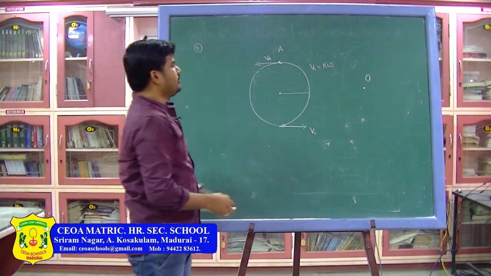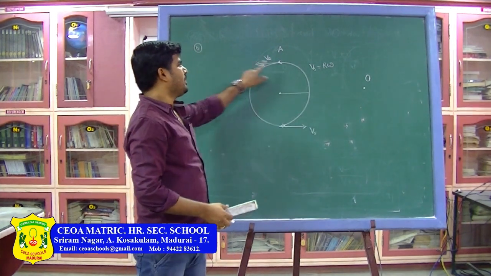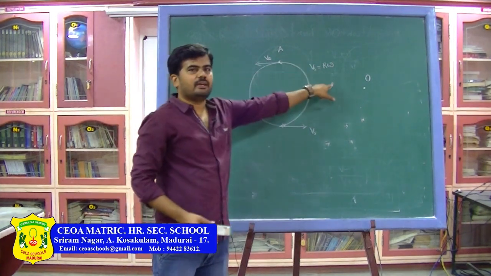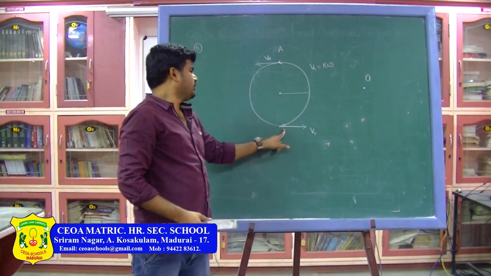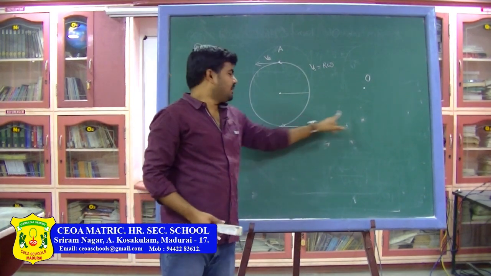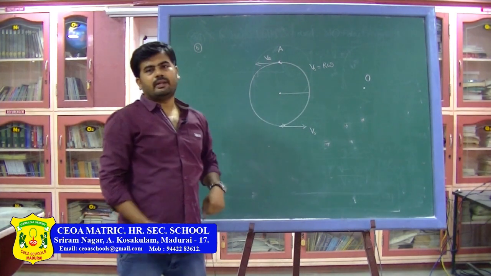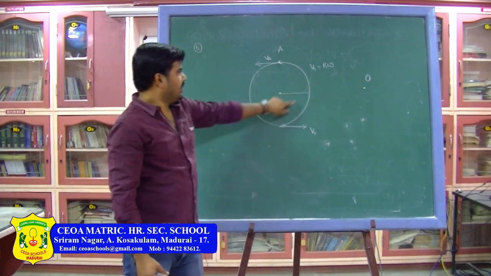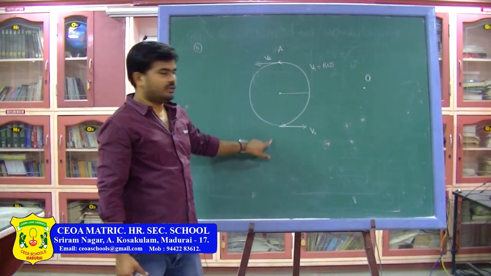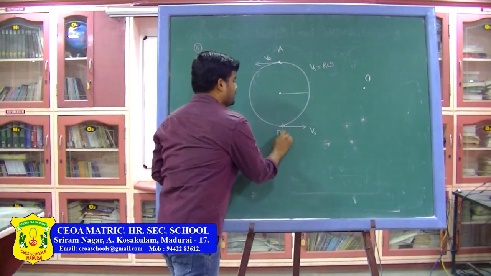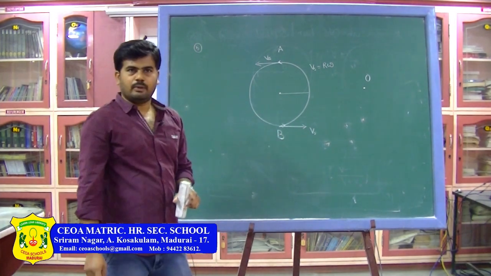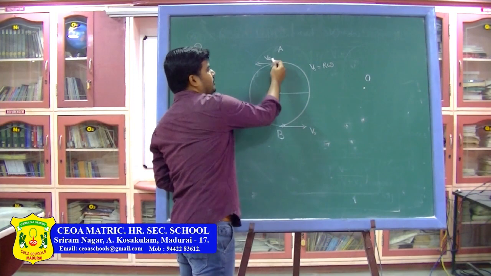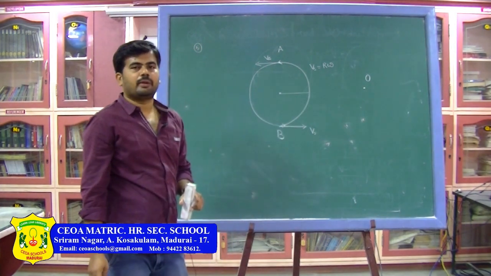We know that when the source is moving away from the observer, the apparent frequency will be less than the actual frequency, and when the source is moving towards the observer, the apparent frequency will be more than the actual frequency. So, this point will give the maximum apparent frequency, and at this point the observer receives the minimum apparent frequency.